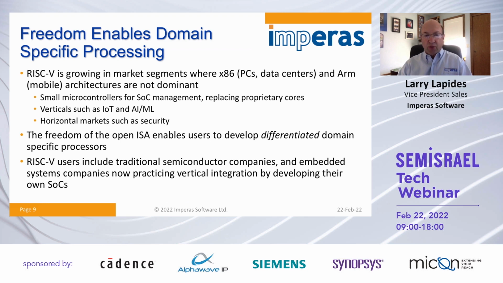The freedom of the Open ISA enables users to develop differentiated domain-specific processors. That gives companies an advantage. So the RISC-V users include traditional semiconductor companies and also embedded systems companies now practicing vertical integration by developing their own SoCs.